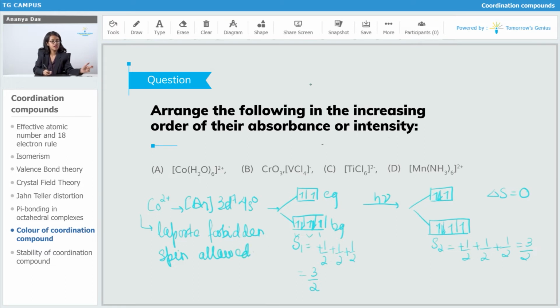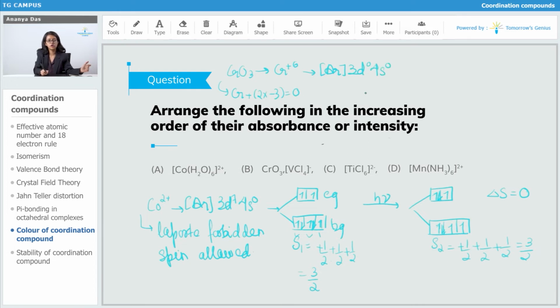Now let's do CrO3. In CrO3, chromium is in +6 oxidation state because oxygen is -2. Chromium plus 2 into -3 is equal to 0. So chromium is in +6, and chromium in +6 means that its electronic configuration is Ar 3d0, 4s0.